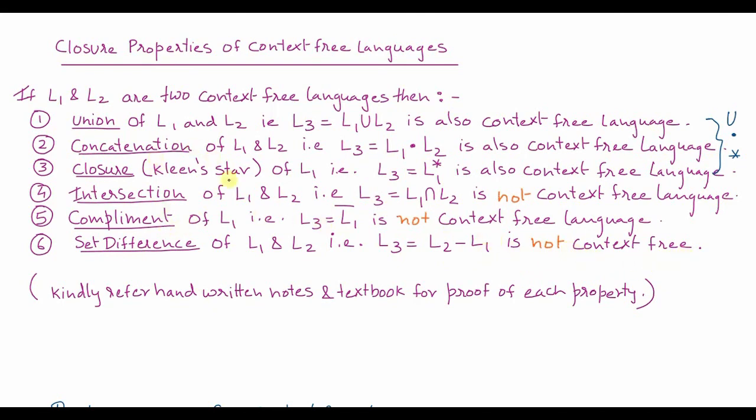Now you must be remembering that in the second unit, when I was discussing the closure properties of regular languages, we had seen some proofs. What kind of proofs? If L1 and L2 are regular languages, then prove that L1 dot L2 is also regular, and so on. Similar proof mechanisms are also there for context-free languages.